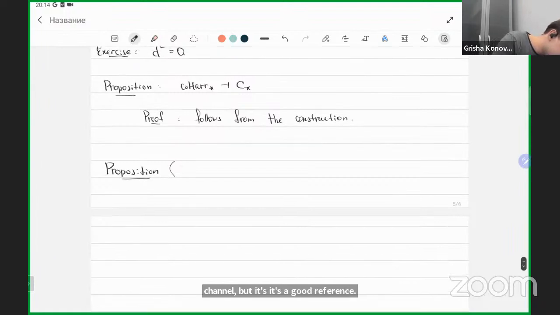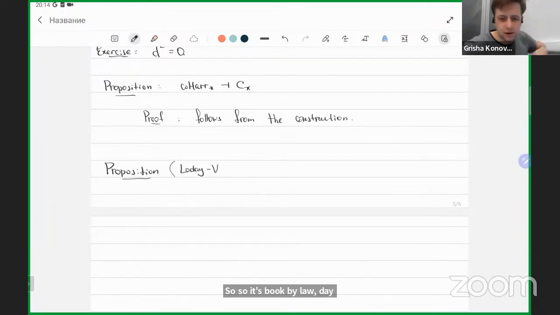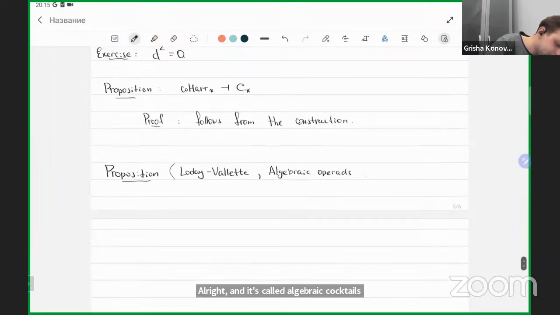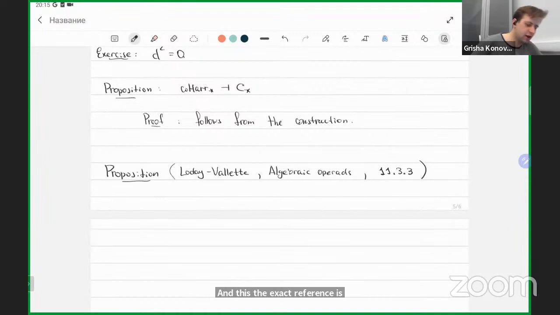It's the book by Lurie called Higher Algebra, exact reference 11.3.3.